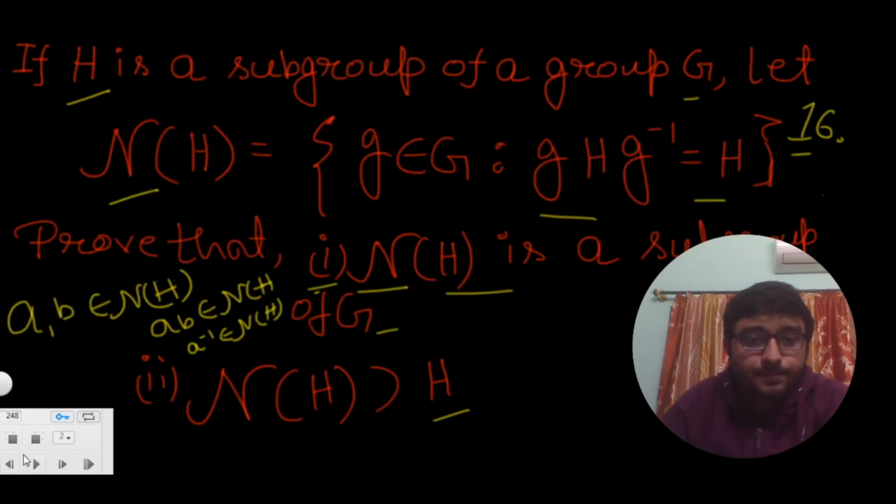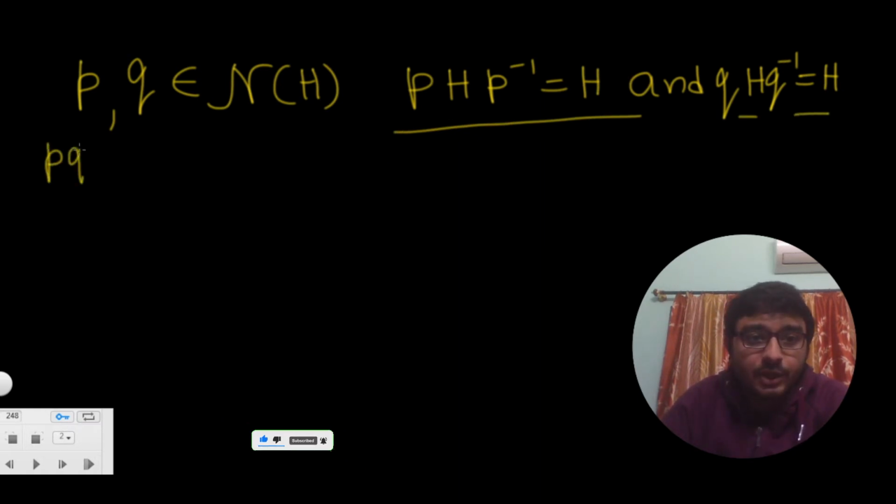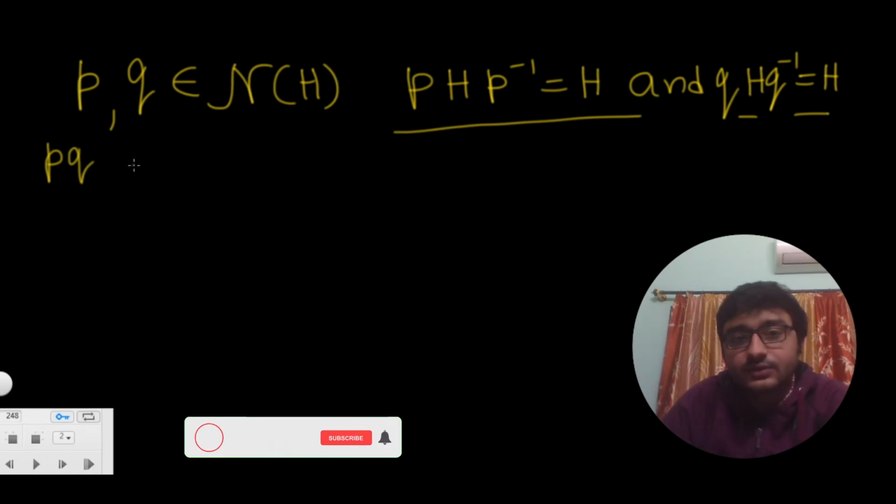Because p and q are elements from this N_H. If p belongs to N_H, then pHp inverse will be H. This is what we followed, and we get this. Now we need to show that pq belongs to N_H. If we can show that, then the first part will be done.